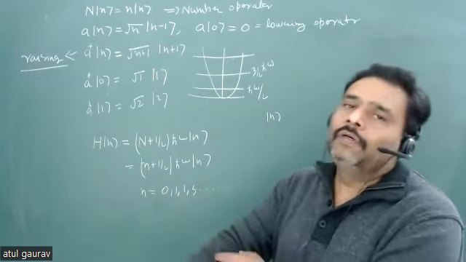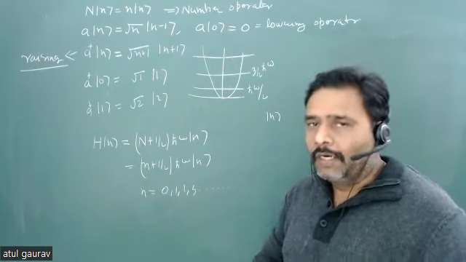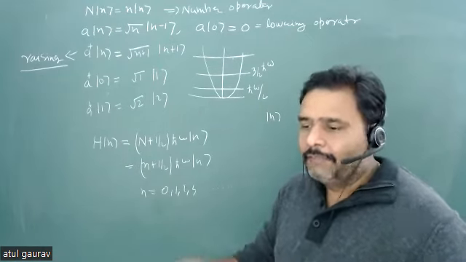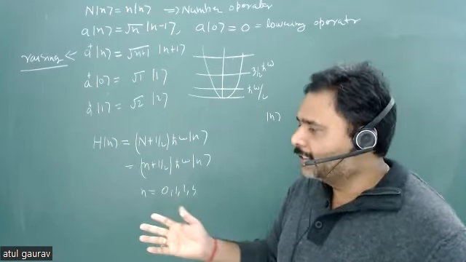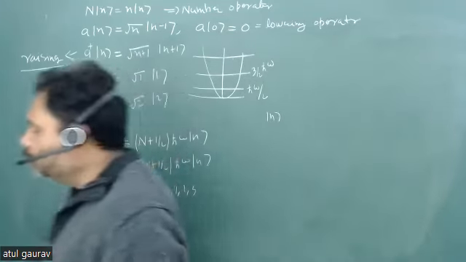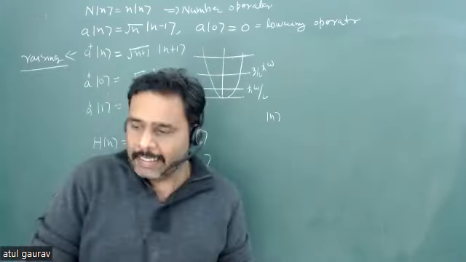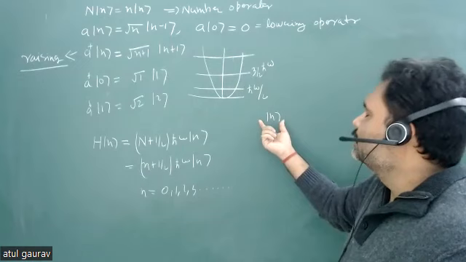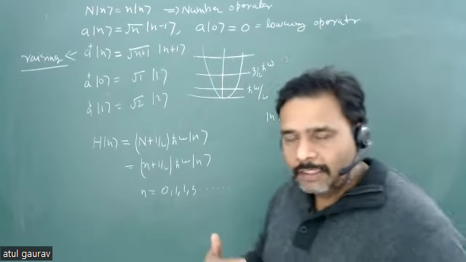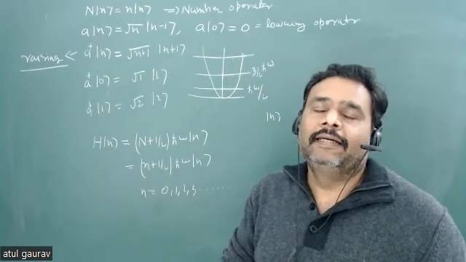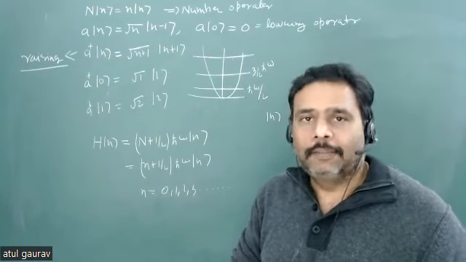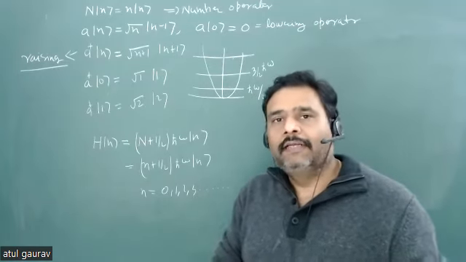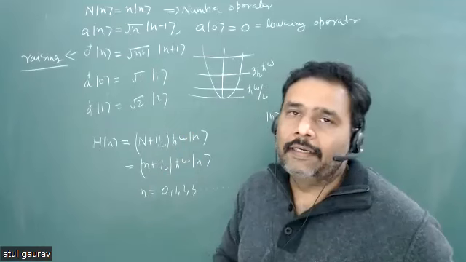So let's try to calculate what will be the nature of the 0 ket, the 1 ket, and so on, and then we can generalize it. We will see how we can use the lowering operator as well as the raising operator to analyze this n ket, or write it in a position representation, such that we can use it as a wave function, and after that go for the probability density.